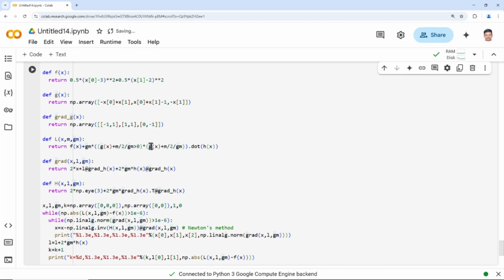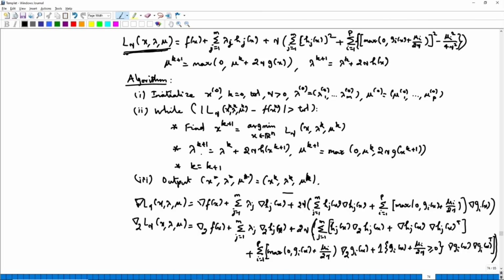So, yeah, we will have to use the same thing here. This particular part is the max of 0 and g_i of x plus mu_i by 2 gamma, the whole squared, summation. Now, we also have this summation minus mu_i squared by 4 gamma squared, right.